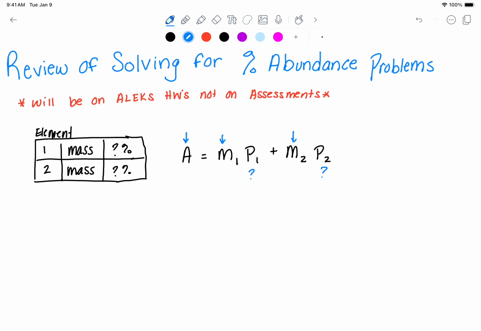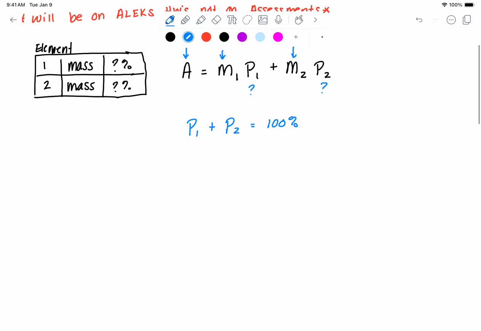But what we do know is that P1 plus P2 is equal to 100%. Now, when we're doing isotope problems, we want to take things out of the percentage when we're doing the problem itself. We can always convert it back to a percentage, but when we're solving these problems, we cannot have things in percentage form.